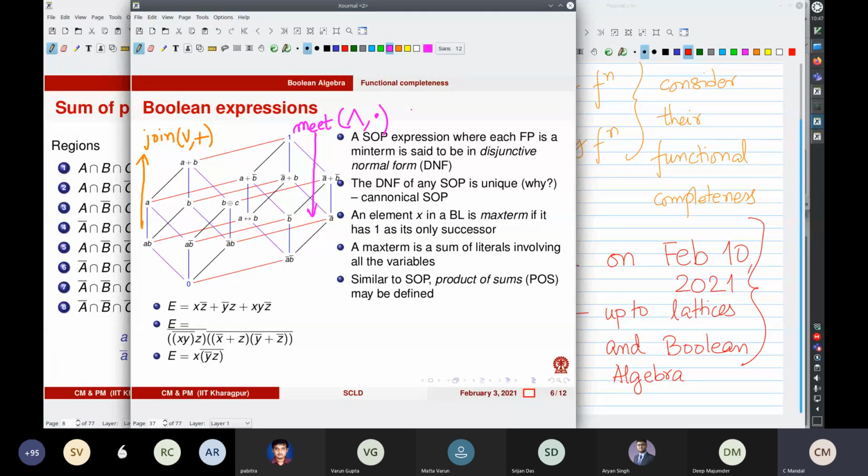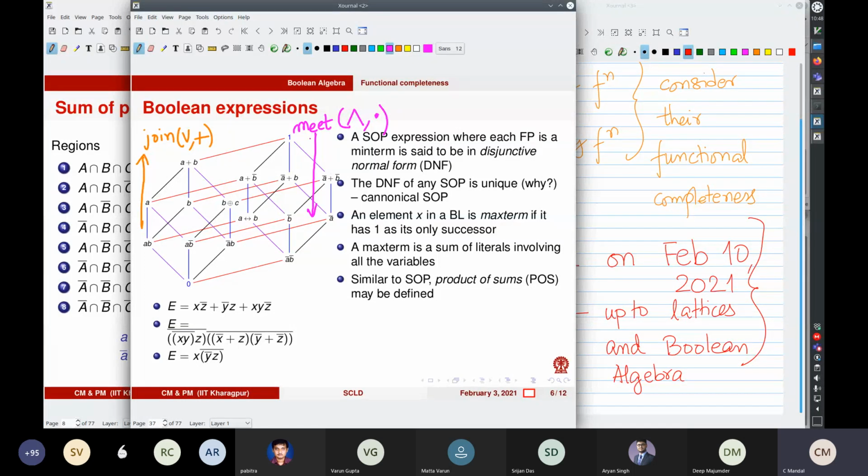And just as each element can be represented as an irredundant, irreducible sum of the atoms, or you can say the min terms, you would expect the dual of that.